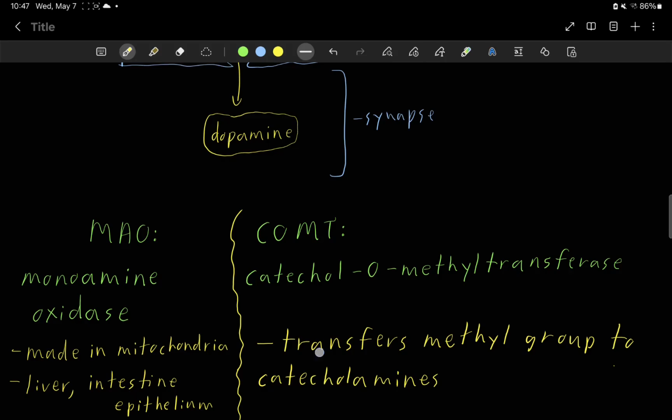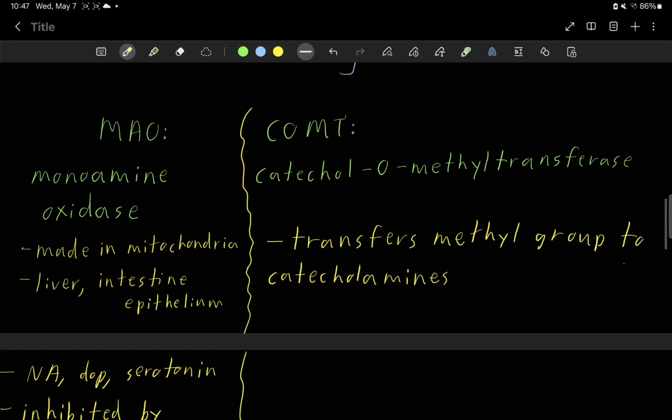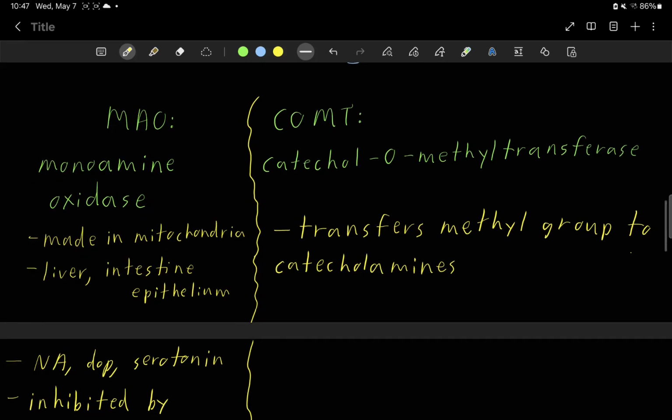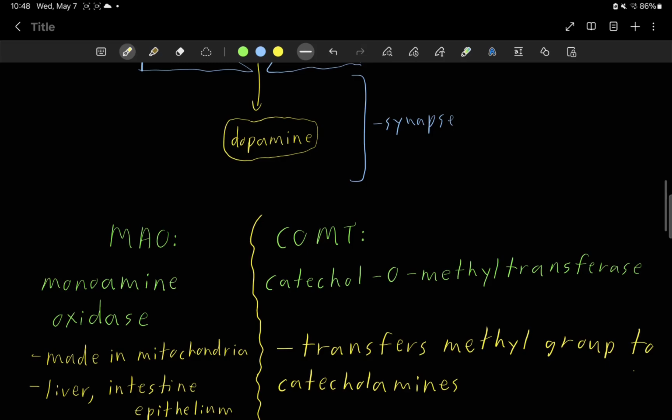So monoamine oxidase is made in the mitochondria of organs like your liver and the epithelium of your intestines. And it acts on many messenger molecules such as dopamine, but also serotonin and noradrenaline. And what monoamine oxidase does is it oxidizes dopamine. It combines it with oxygen.